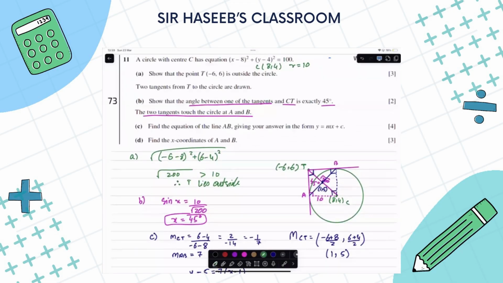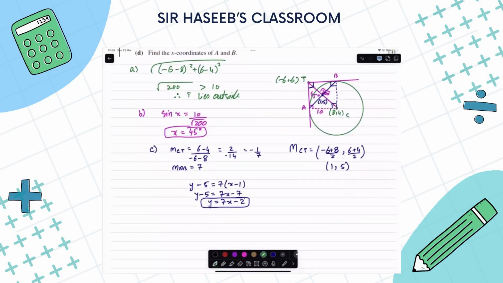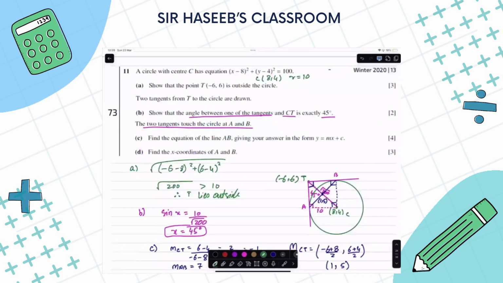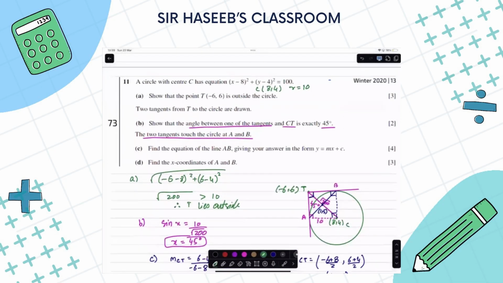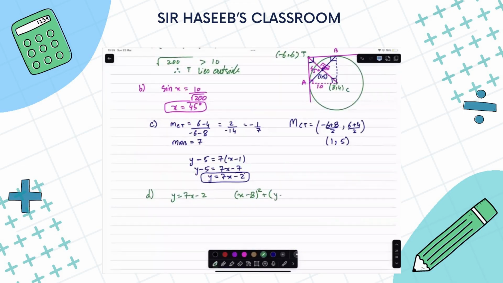So that's your equation of the line in this form, and then for the x coordinates of A and B, you take y equals 7x minus 2, and you have x minus 8 whole square plus y minus 4 whole square equals 100.